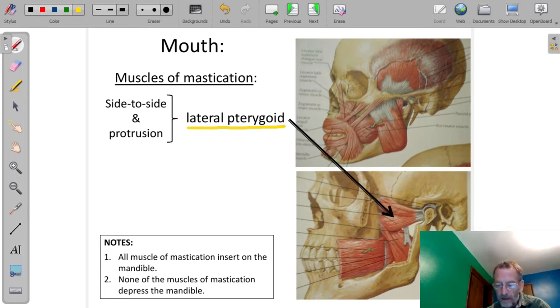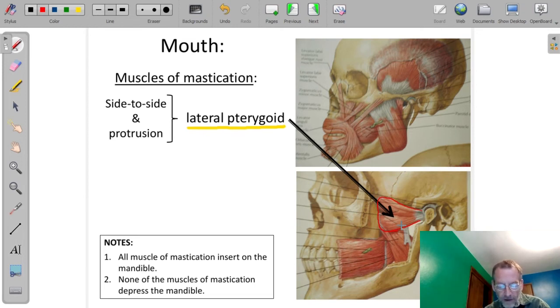If you look at the top figure in this slide, you can't see it because the temporalis, the masseter, and the zygomatic arch are all over it. But if you remove all of that, deep underneath is the lateral pterygoid muscle. There are two heads to it. We won't worry about that. But that's the lateral pterygoid.